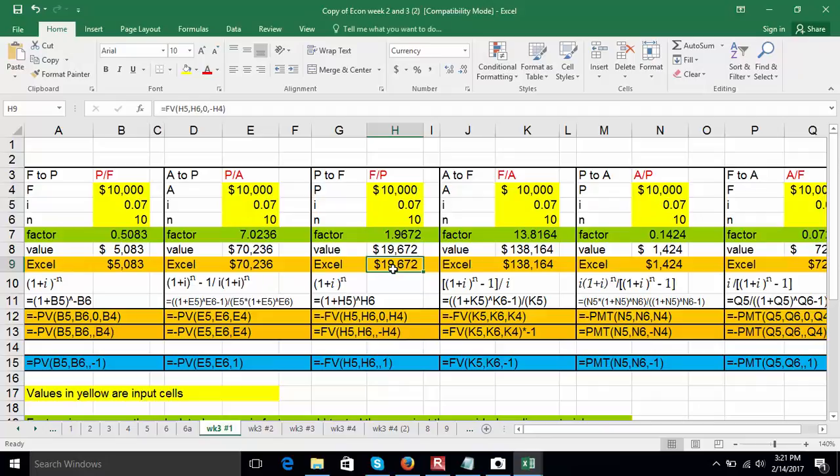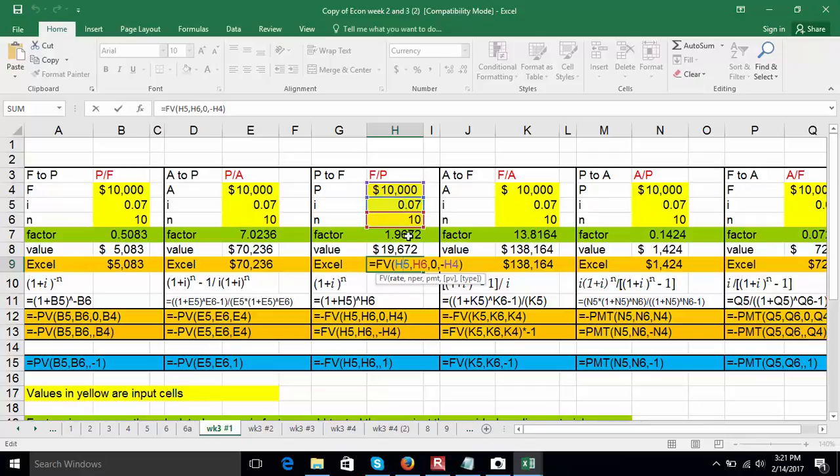Now, let's see what the function is for F, for the future value. In this case, it takes 4 arguments. The first thing it wants is the rate, which is H5, there it is, 0.07.